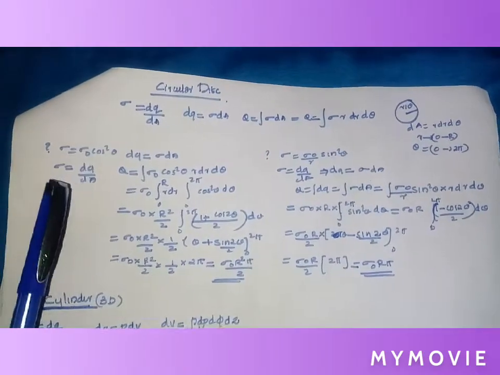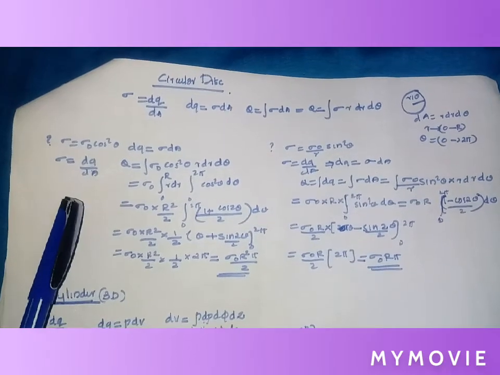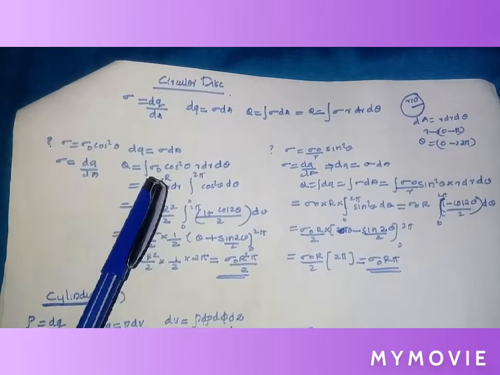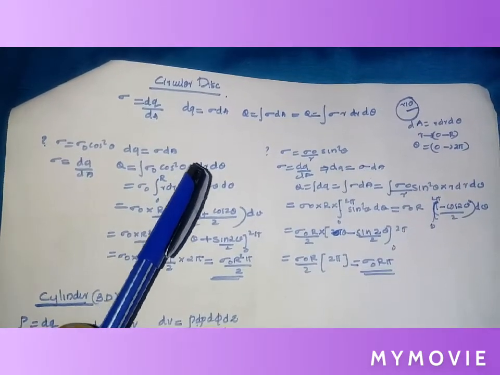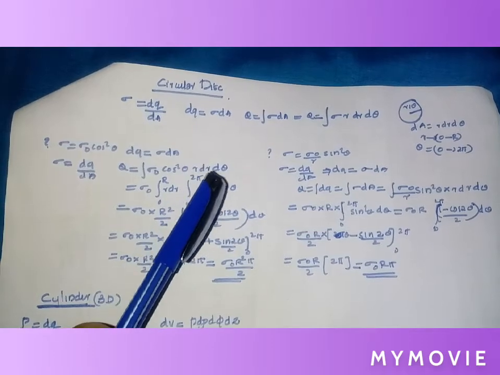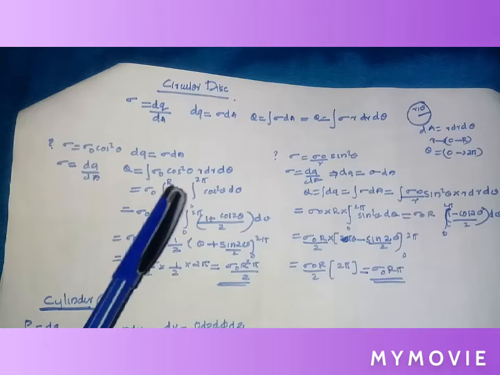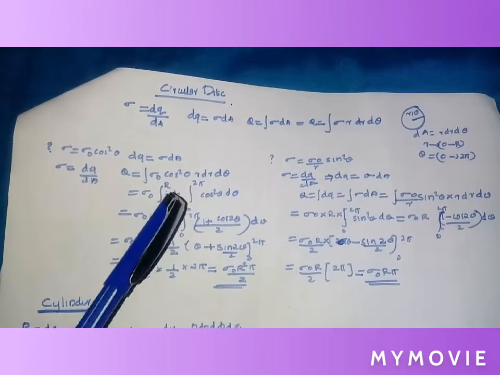So consider this question, sigma is equal to sigma naught cos square theta. We know the basic equation sigma is equal to dq divided by dA, so dq is equal to sigma dA. So q is equal to sigma naught cos square theta, and the area is r dr d theta. So we integrate with respect to r from 0 to R and theta from 0 to 2 pi.